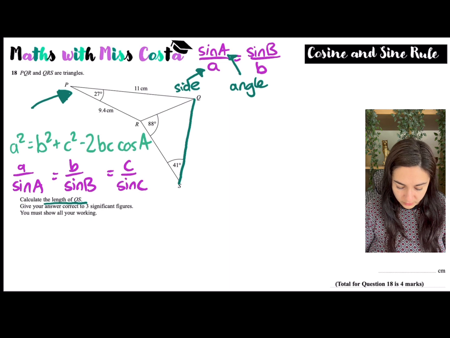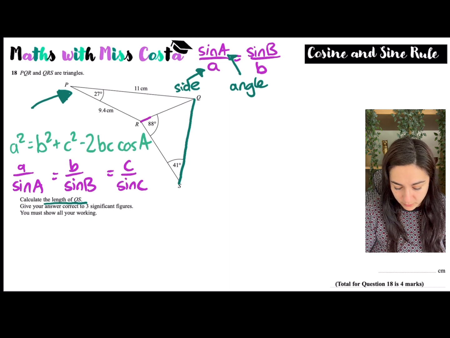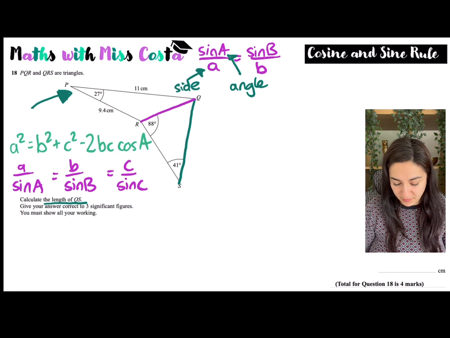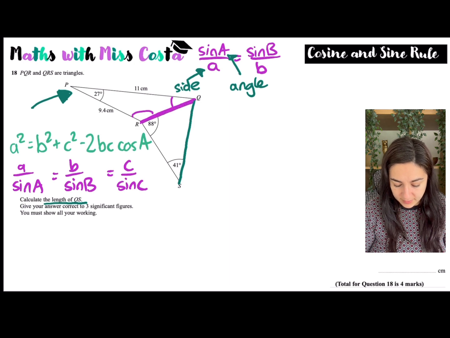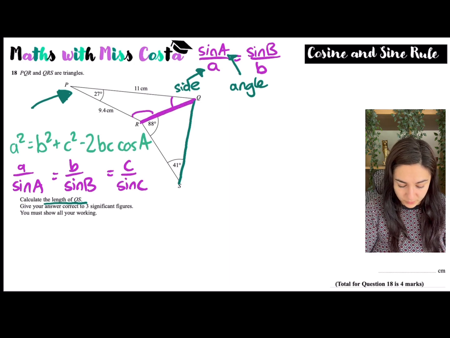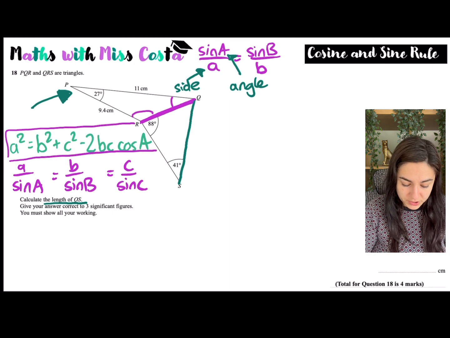And what do we want to work out? Well, it would probably be helpful to work out this side over here, because I'm not really interested in the angle here or the angle there, to be honest. So bearing that in mind, if I want to work out this side, I'm going to use the cosine rule. Okay, and what I want to do is label my triangle accordingly.